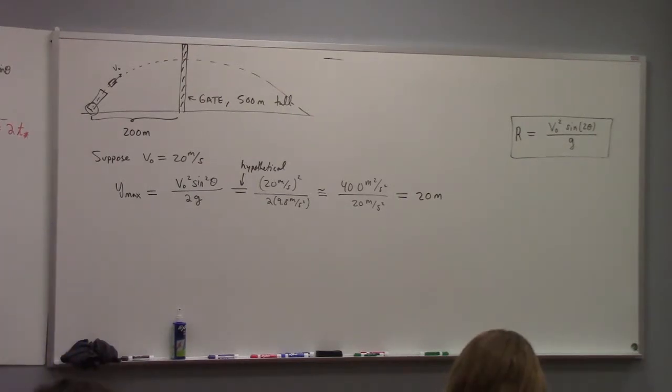That does not look very hopeful. So the max height that such a cannon can attain is 20 meters. It's definitely not going to clear this 500-meter gate. So what if instead of 20 meters per second, we had 200 meters per second?